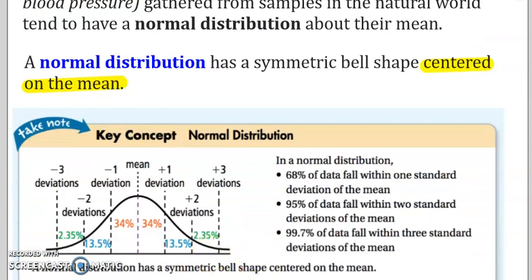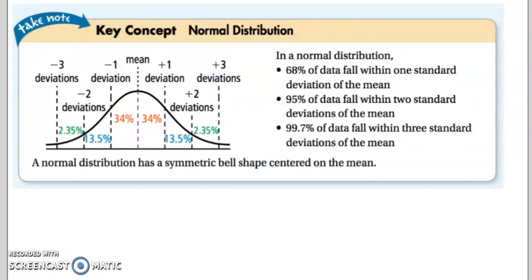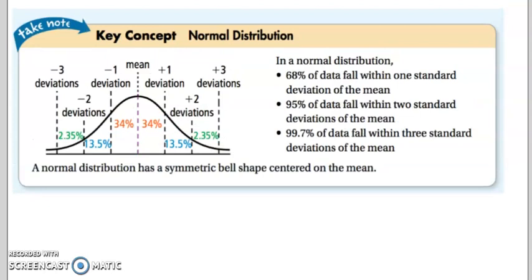So what we're going to start seeing is that a normal distribution follows something called the empirical rule. And the empirical rule says that if you have a bell curve, so yay, bell curve, your mean is always going to be smack dab in the middle. Forgive the wonky curvy line.